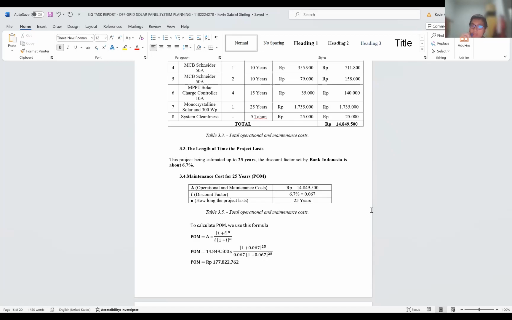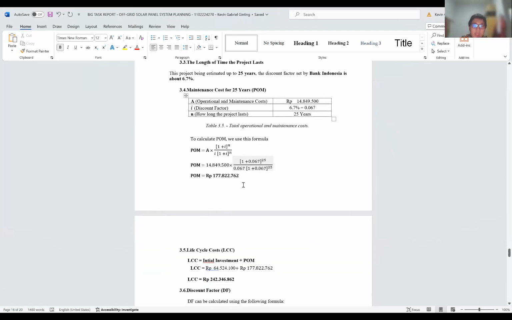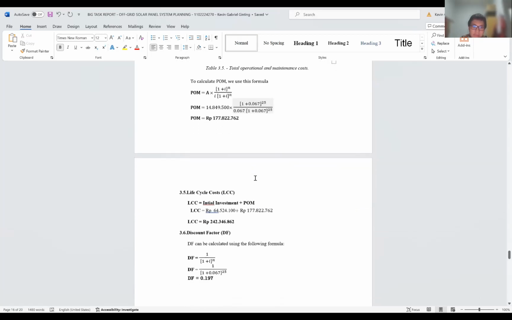And n is how long the project lasts. As I said earlier, we estimated this to be 25 years. Until 25 years, we have to change all of our items. So using the formulation, we will get 100 million and 77.